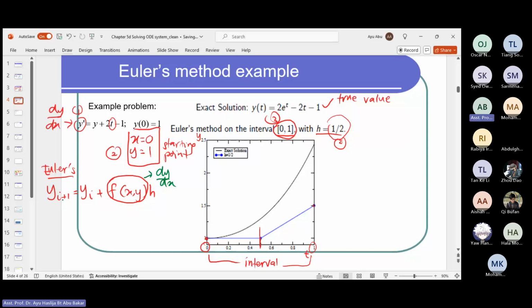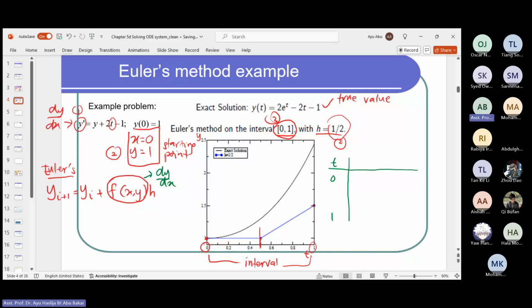Now you need to create a table so that you can see it clearly. I would suggest a table where this is your point, from 0 to 1, the interval 0 to 1, but your step size is 0.5.